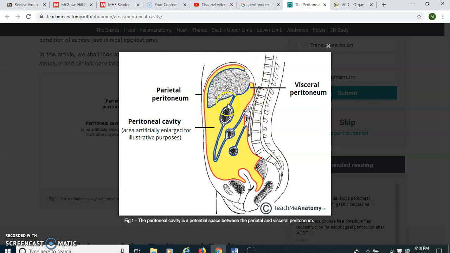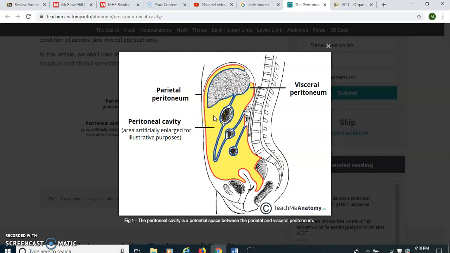And then we have the visceral peritoneum, which is hugging the surface of most of our internal organs. That creates a little cavity between them. The parietal and visceral peritoneum produce a small amount of fluid that's present in the peritoneal cavity, and that helps lubricate all of the movements going on within our abdominal cavity.